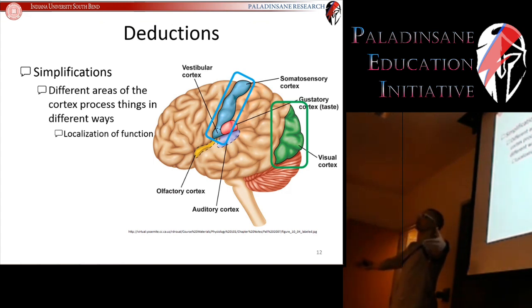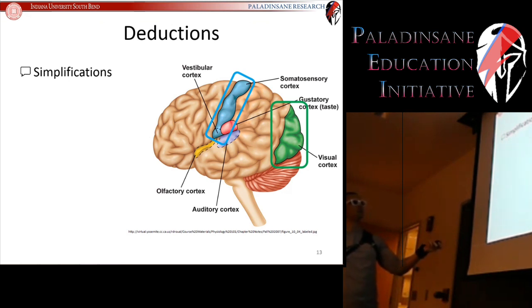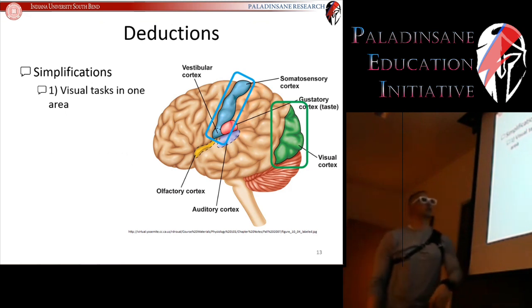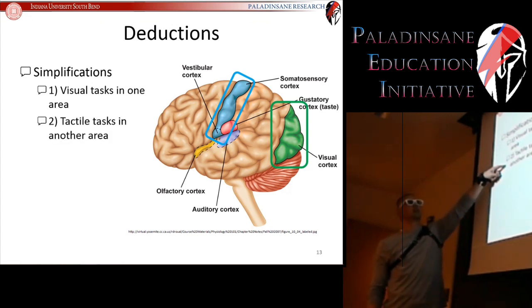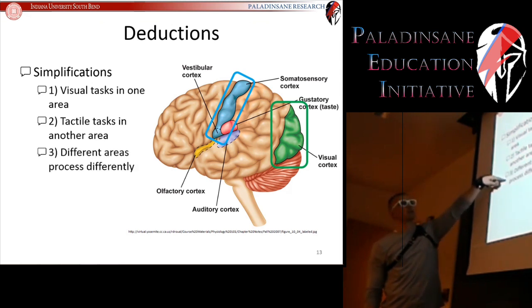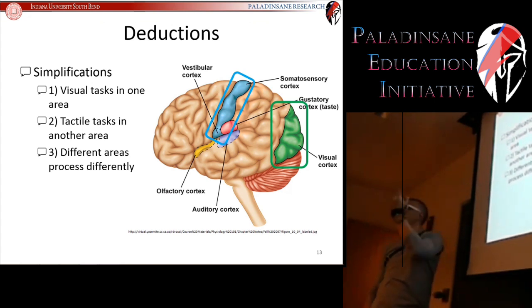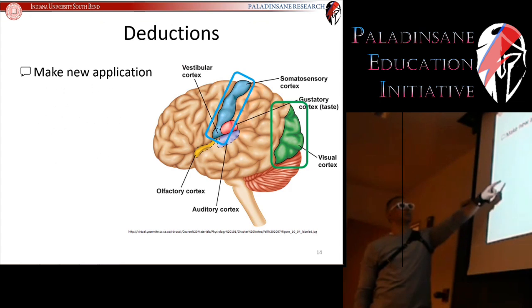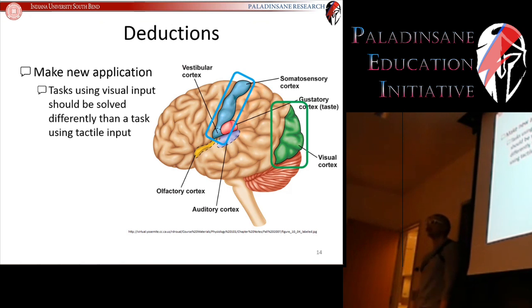So once we have all those prior theories, we are then ready to make a novel contribution to psychology by saying, all right, given that all of those things are correct, if it's true that visual tasks occur in one area, specifically the visual cortex, and if it's true that tactile tasks occur in another area, and it's true that different areas process things differently, if these three theories are true, then I can conclude that tasks using visual input should be solved differently than tasks using tactile input.